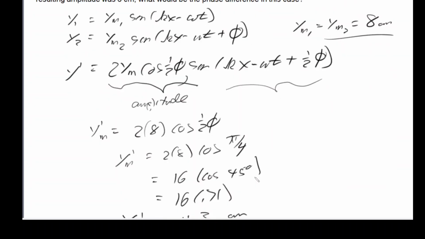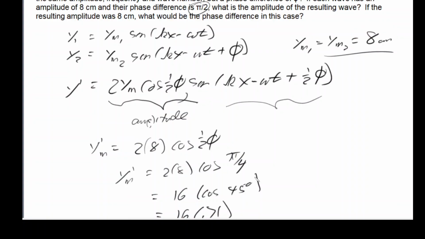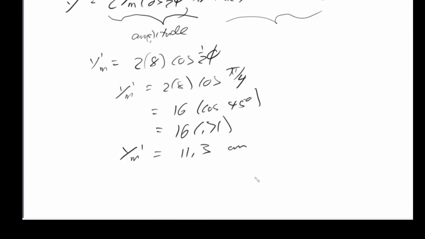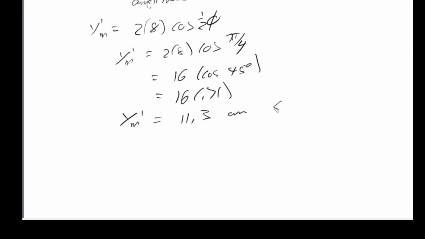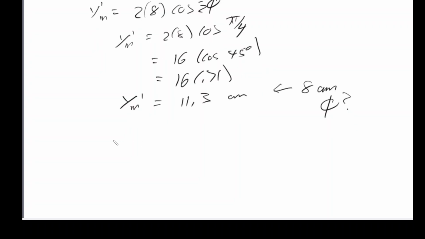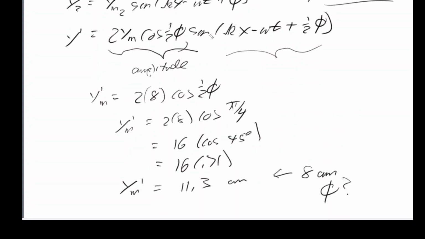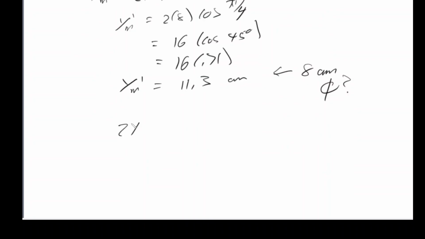Now, the question asks, if the resulting amplitude was 8 centimeters, what would be the phase difference in that case? So we're saying that if the resultant amplitude turned out to be 8 centimeters, what would phi have to be? So again, in this case, we say that this term, 2 times y m times the cosine of 1/2 phi, in this case, would be 8 centimeters.